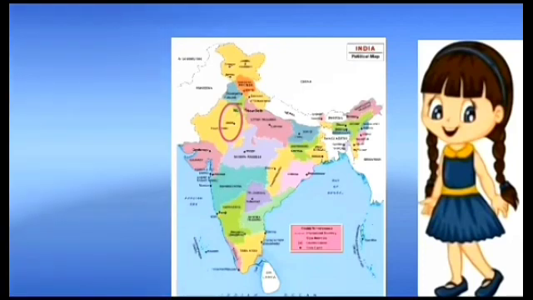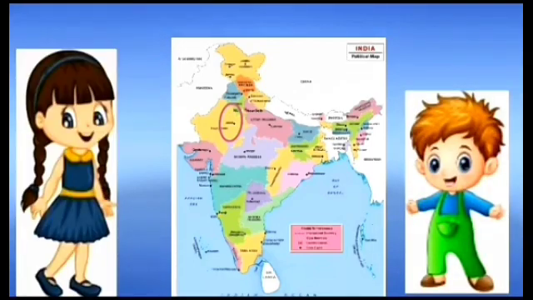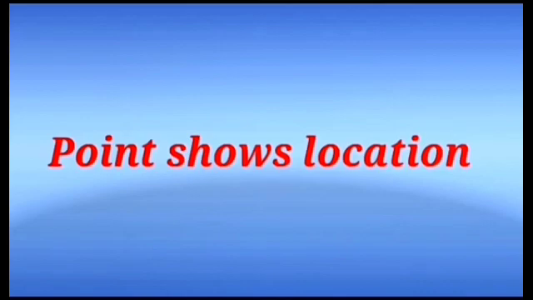She said to her father that they would go to Jaipur. Her father said, okay. Suhan is still looking into the map and asked his sister how she located Jaipur in a map. She said to him that there is a point locating Jaipur in the map. Point shows location.